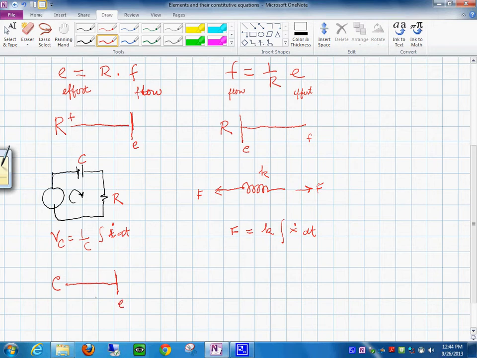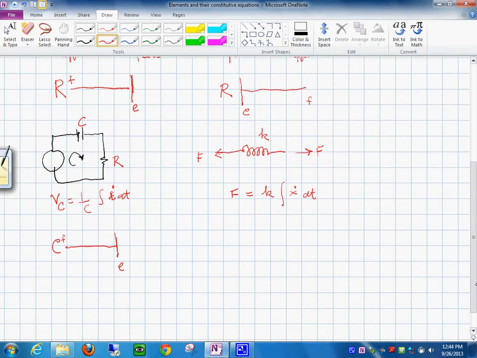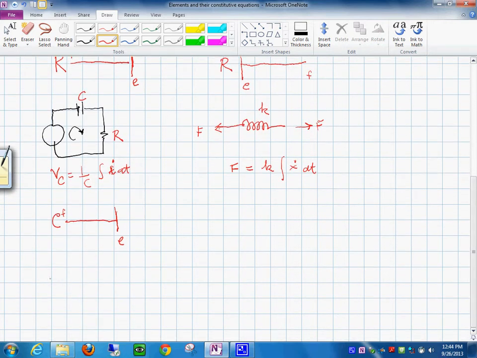This is E and this is F. So it follows that the constitutive equation would be E is equal to 1 over C times the integral of F dt, or this is the same as writing 1 over C times Q, where Q is the position.